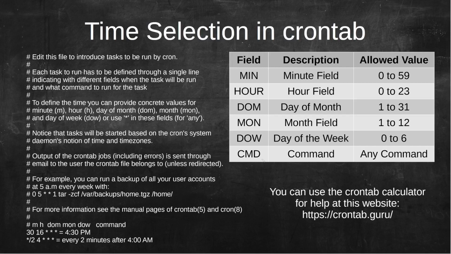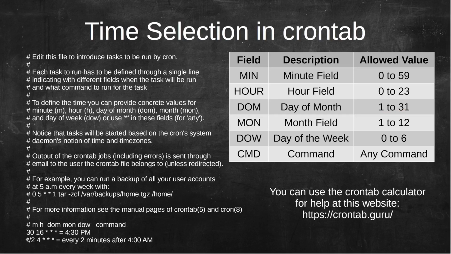If you want it to run every minute, you're just going to put a star. And if you want to select a certain minute or a certain hour and so on, you're just going to put a number. Your options for the minutes are 0 to 59, for hours 0 to 23, the day of the month is 1 to 31, and so on.